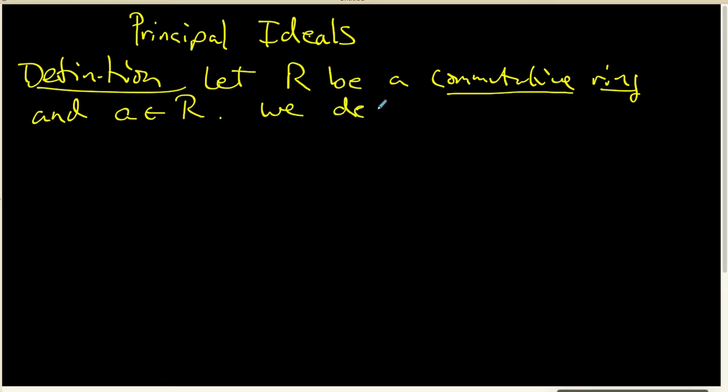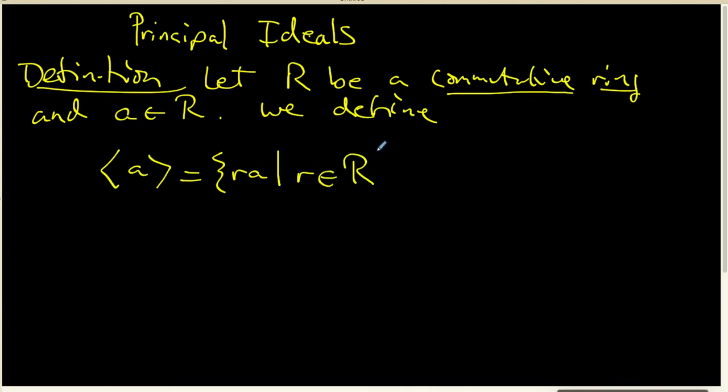We define the set A inside angle brackets to be equal to the set of things that look like R times A, where R is simply any element of the ring capital R, and because capital R is a commutative ring, this set is also equal to A times R, where R is inside my ring.